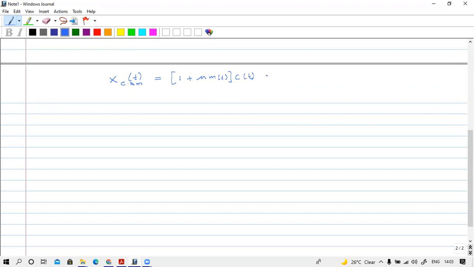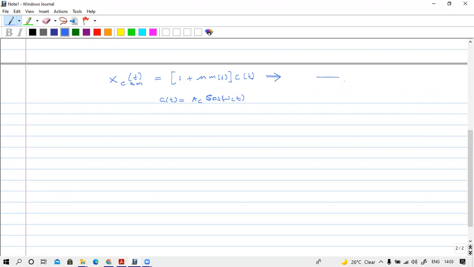So we can write the total amplitude modulated signal in this form. Here c(t) is normally a sinusoidal signal, this kind of sinusoidal signal.